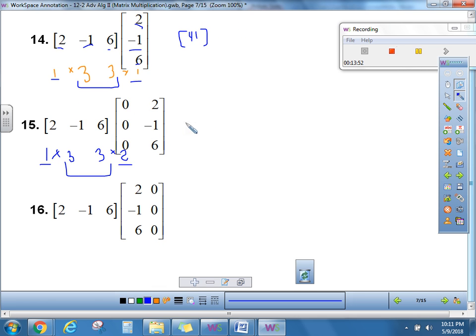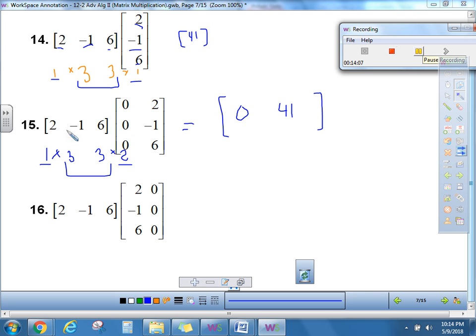Let's actually work through number 15. So this one, we're going to multiply together, and we're going to get a 1 by 2 matrix with that multiplication. Okay, so we're going to do, starting with this row and this column. So obviously all of these are zeros. So it's going to be 2 times 0 plus negative 1 times 0 plus 6 times 0. So 0 plus 0 plus 0 gives me 0 right here.